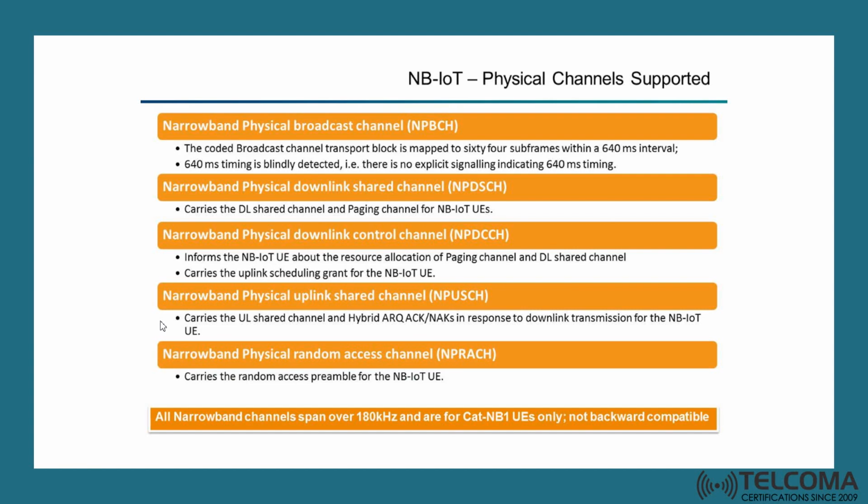Whereas we have seen that since CATM1 has 6 PRBs bandwidth, we could utilize a few of the legacy channels such as PBCH, PRACH, PUSCH, etc. But since it is only 1 RB, none of the channels can be reutilized.